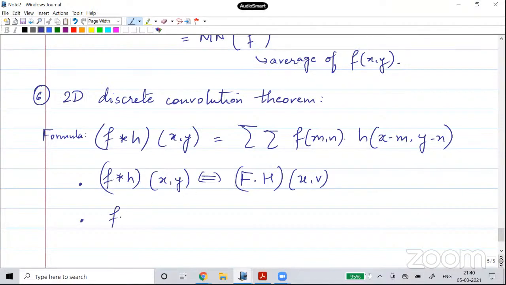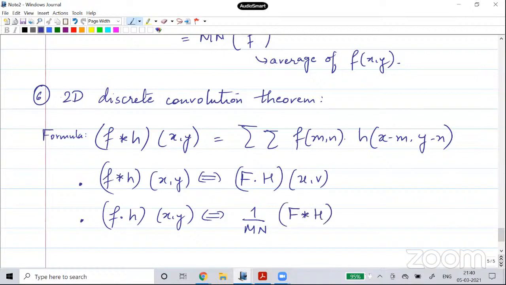And multiplication in the spatial domain corresponds to convolution in the Fourier domain with this coefficient. So these I will call star and double star.